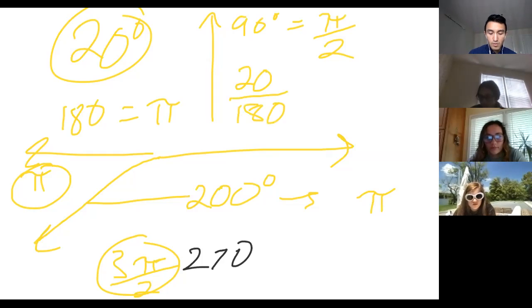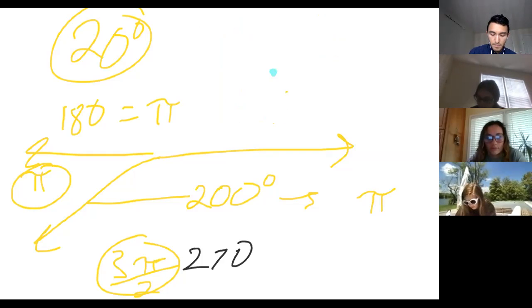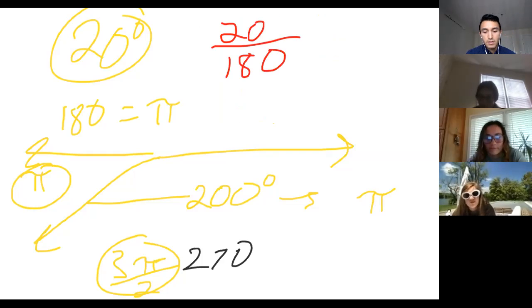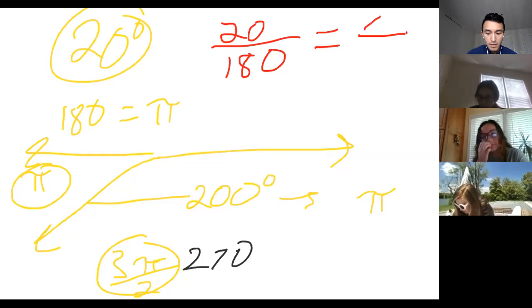This goes back to when we were doing proportions. Let me write this in a different color. If 20 degrees is the same to 180, that's the same as some number x.